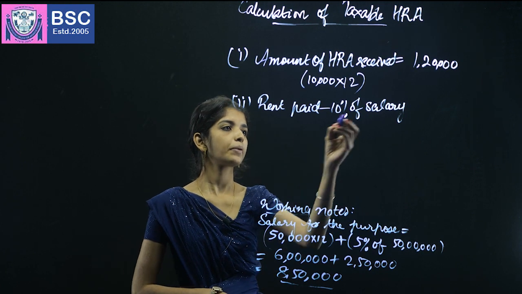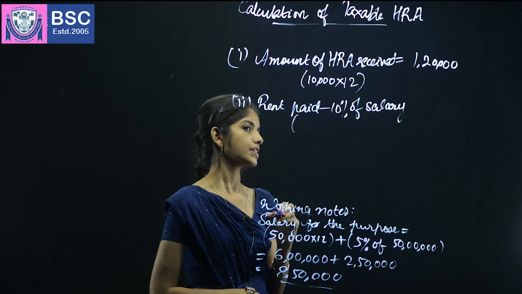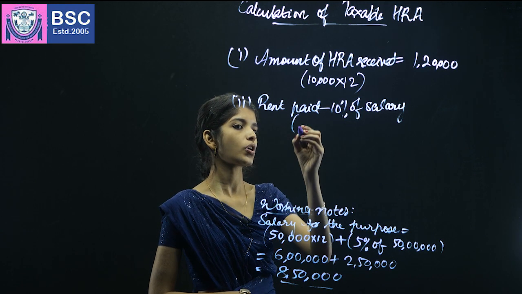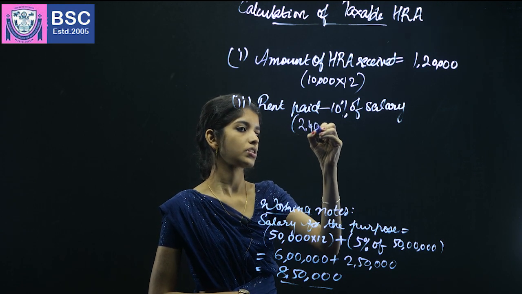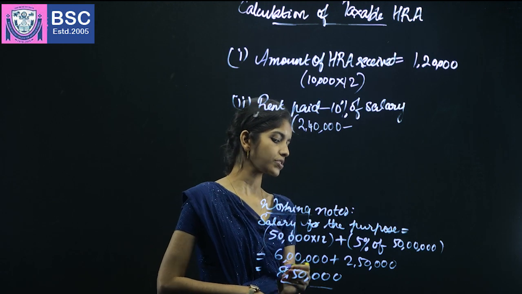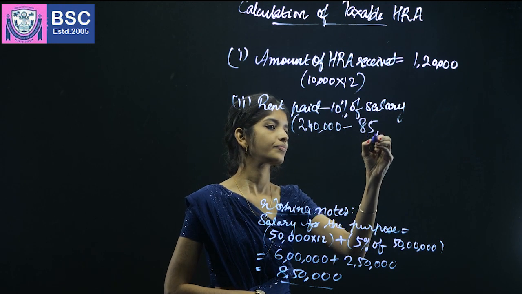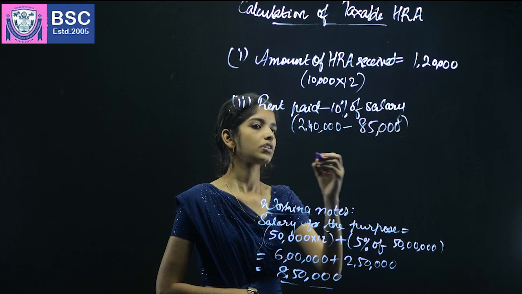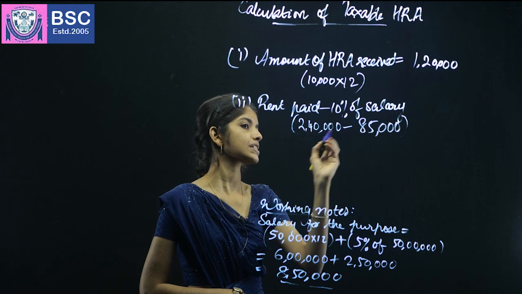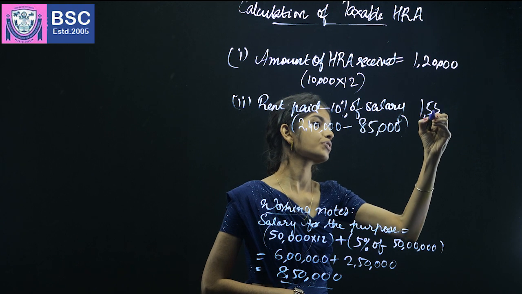So rent paid minus 10% of salary. How much was the rent paid? That is 20,000 rupees into 12 months, 2,40,000, minus 10% of 8,50,000, which is 85,000. So 2,40,000 minus 85,000 is equal to 1,55,000.